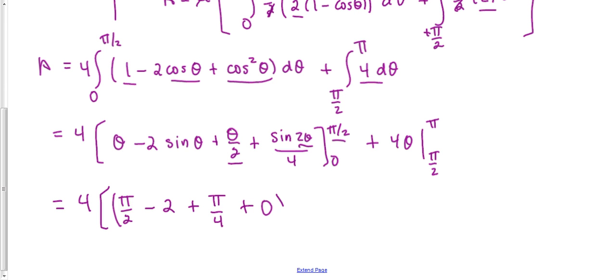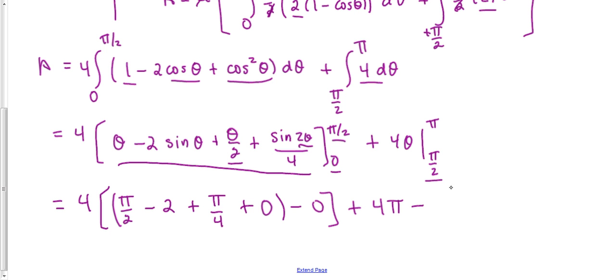So this was my upper limit, and I think you can see with a quick inspection that when I substitute in 0, every term in here is going to be 0. And then I can substitute my limits into the 4 theta. So I'm going to have 4 times pi, which is going to give me 4 pi, minus 4 times pi over 2, which is going to give me 2 pi.